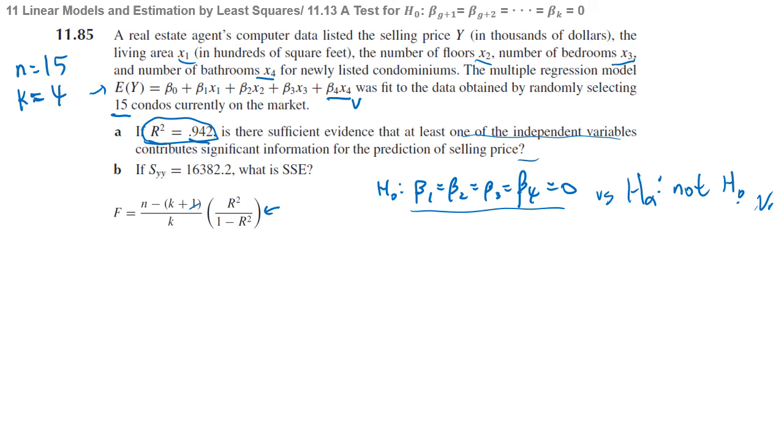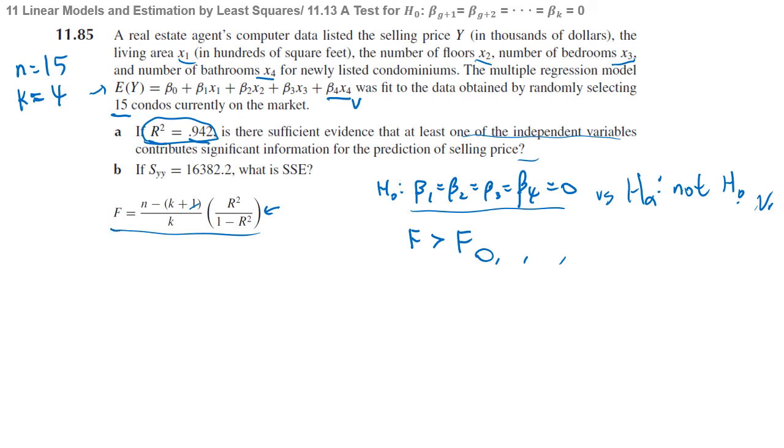So this is the test statistic this time, and for the test we want to check whether our F is large enough. The related distribution for this is F, and we don't have a significance level here, but we can calculate the p-value, so let's ignore it for now.